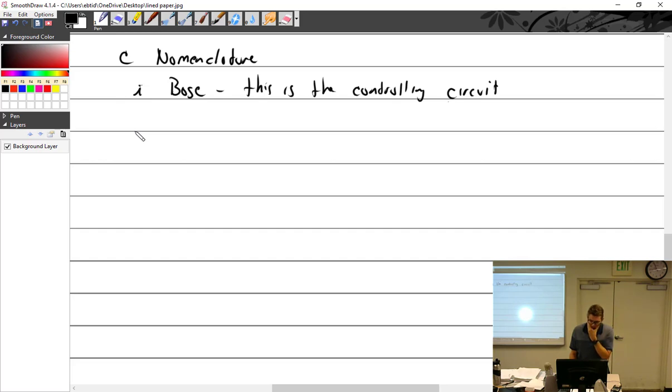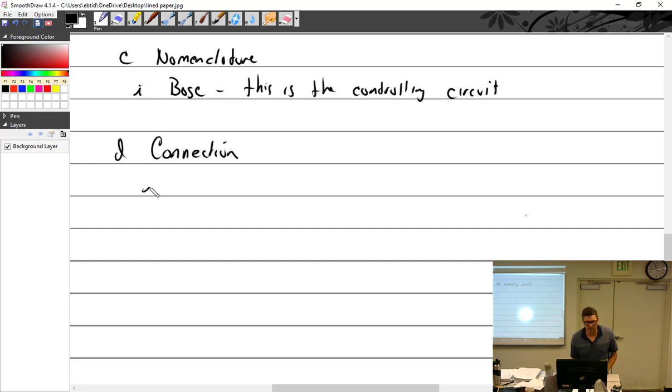I've got emitter on here too. The emitter emits electrons into the core of the device, where electrons either flow into and then out of the base or flow into the collector and out. I'm just not going to put that because I think it's not going to help at all. So let's go to connection.